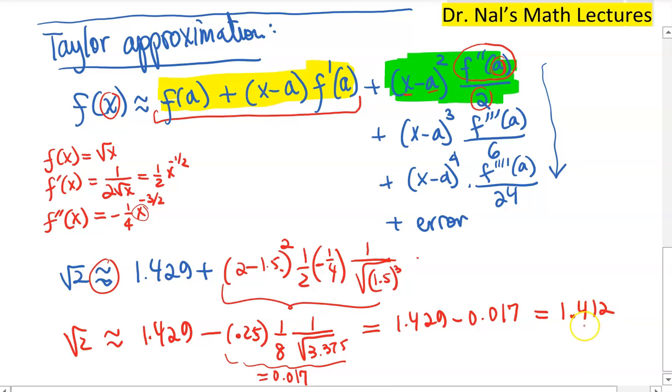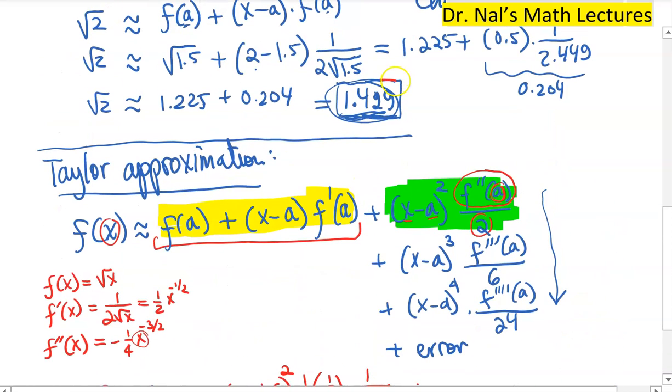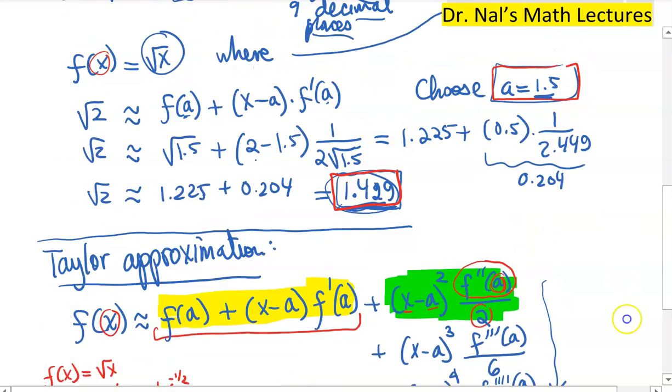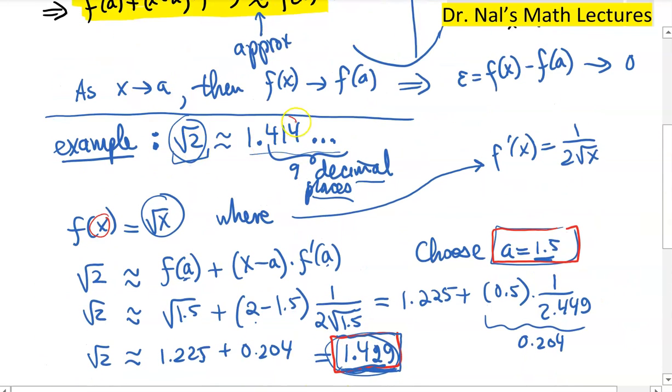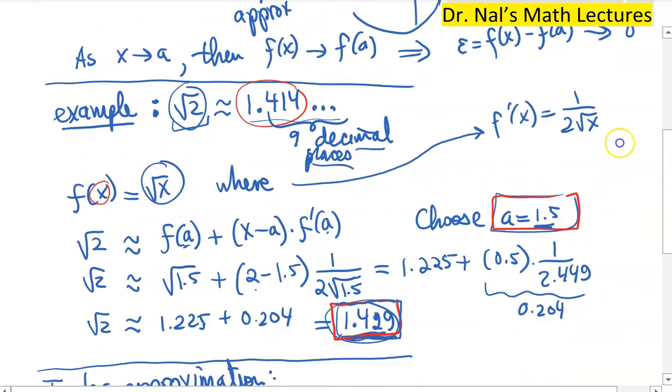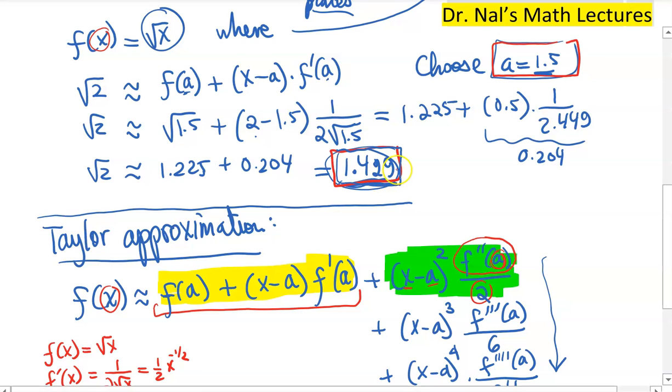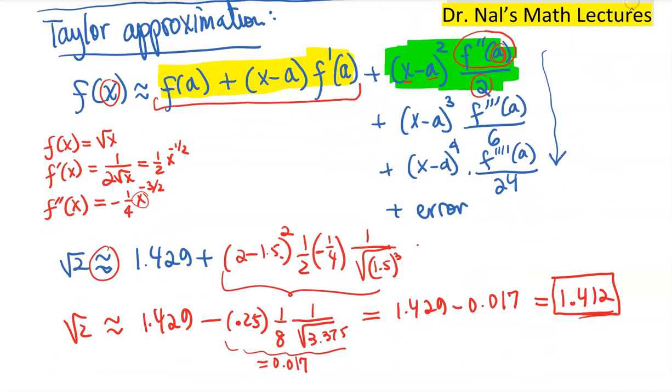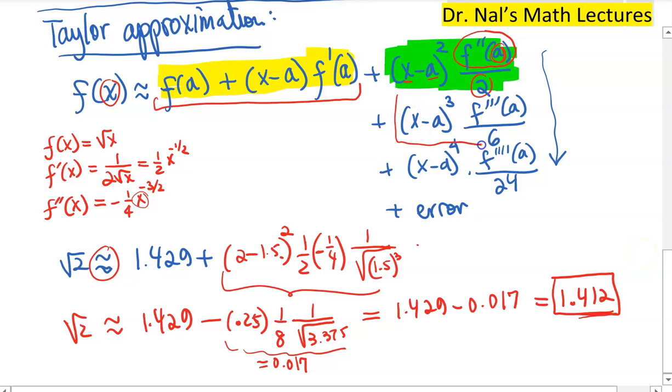Wow, so this is really nice now, right? So do you guys agree, compare this with this? Now this is way better, because remember that root 2 was 1.414. Now in the first step we got 1.429, in the second step 1.412, and if we included the next term in line, we will get yet a much better approximation.